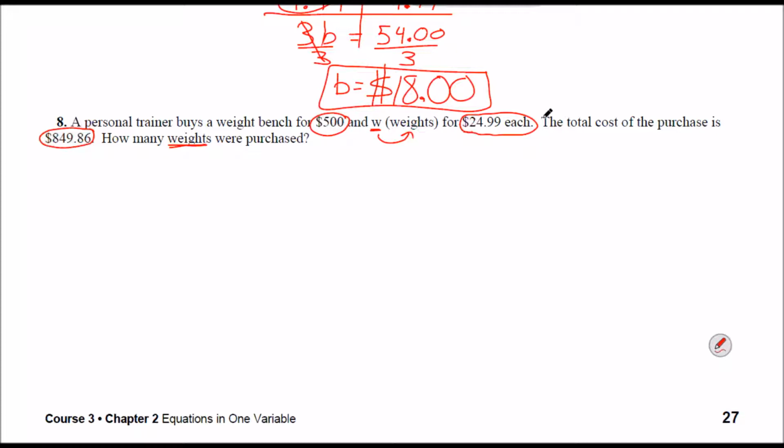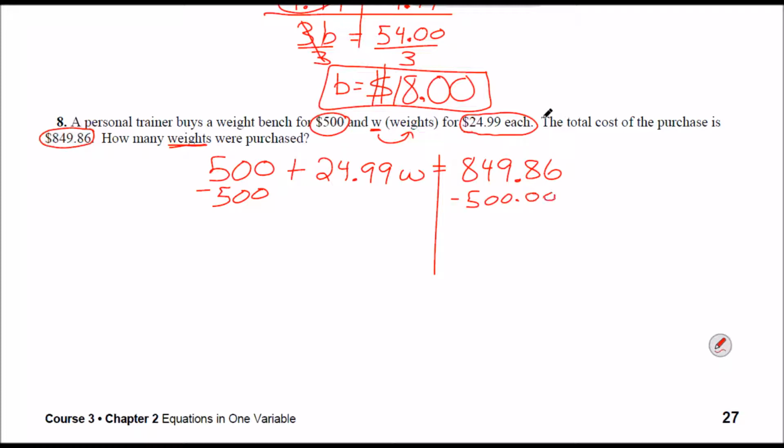Okay, so here we go, $500 plus $24.99 for each weight, and there was a total of $849.86 that was spent. We want to get rid of the $500 first.